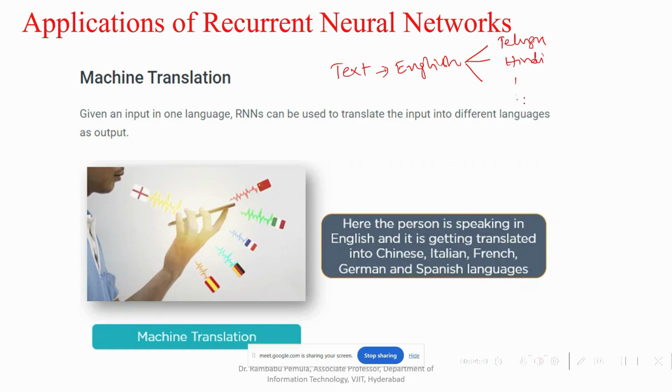We convert the same message into multiple languages. That is called machine translation. That is one of the major examples of recurrent neural networks, or LSTM. They are the two major examples of the applications of the RNN.